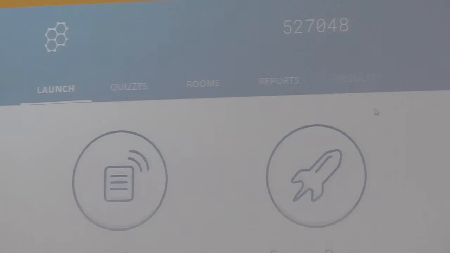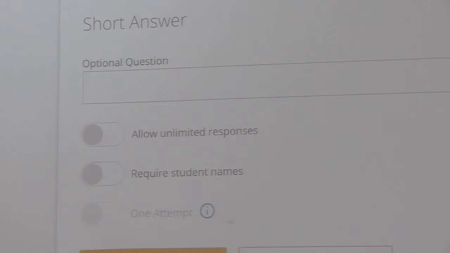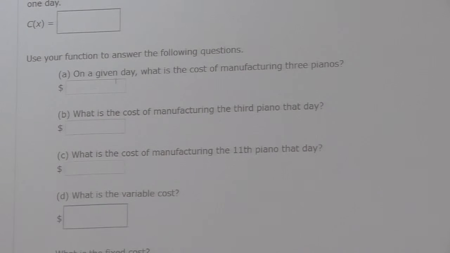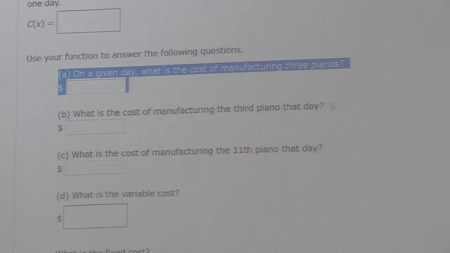Okay, next one will be this one, part A. No, yeah, okay, go ahead.